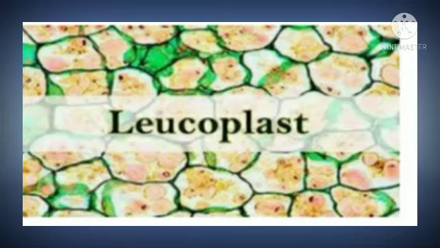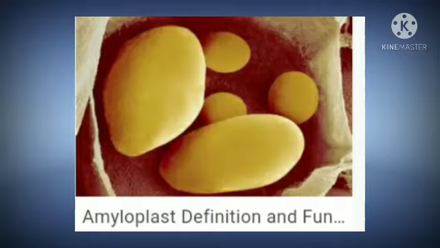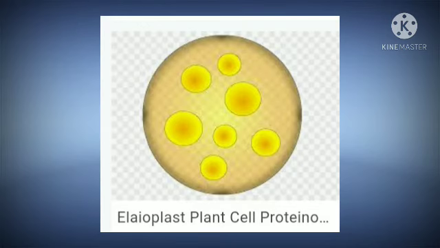They differ in their size. They store nutrients. Amyloplast. They store carbohydrates in the form of starch. Example: potato. Elaioplast. Store oils and fat.